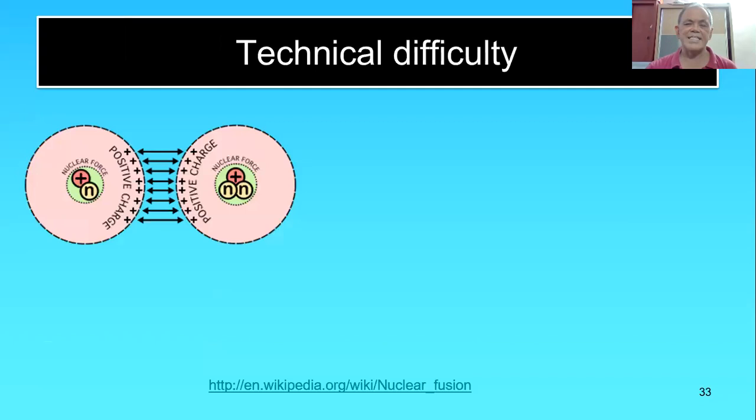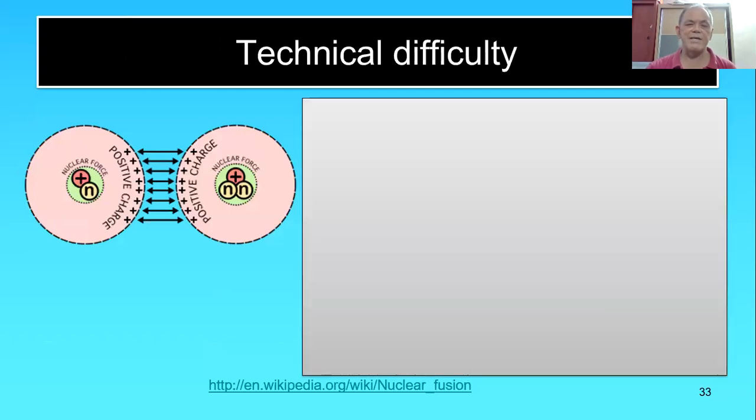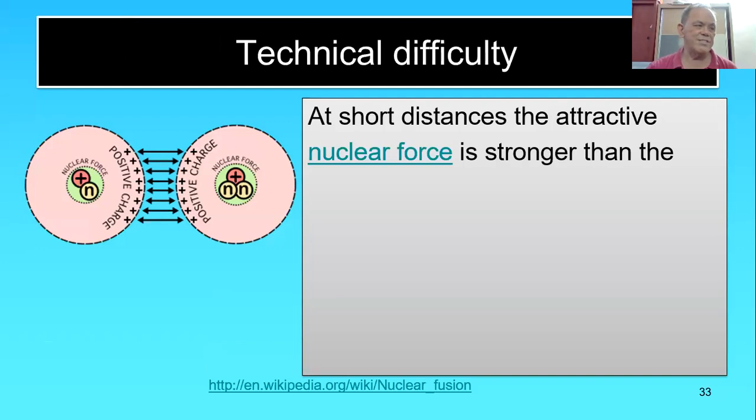Right? So the technical difficulty, you can see both of them are positively charged. At short distance, the attractive nuclear force, like that distance that we show. Right? The nuclear force is negligible. The repulsive force is large.